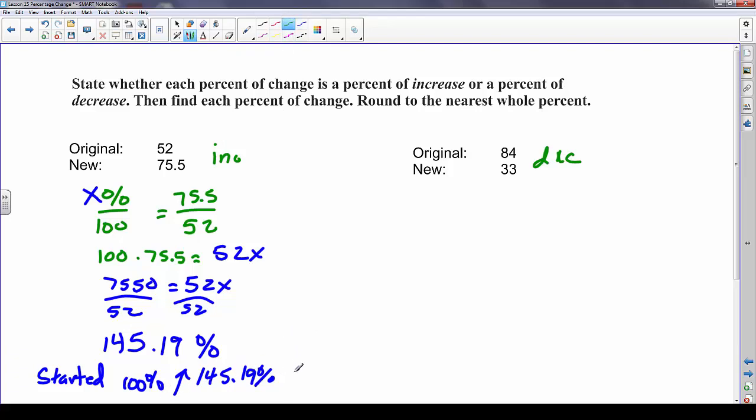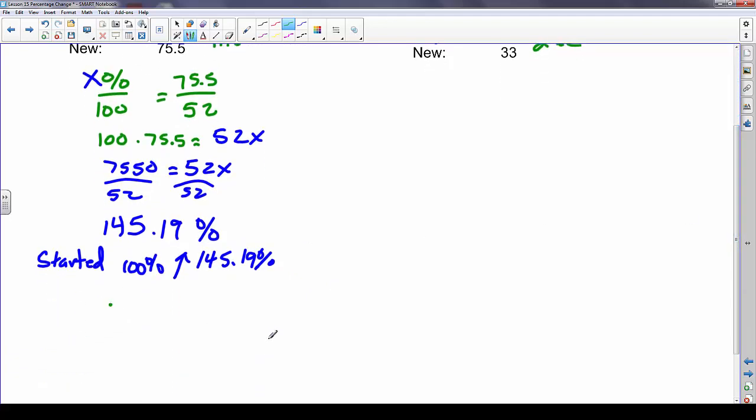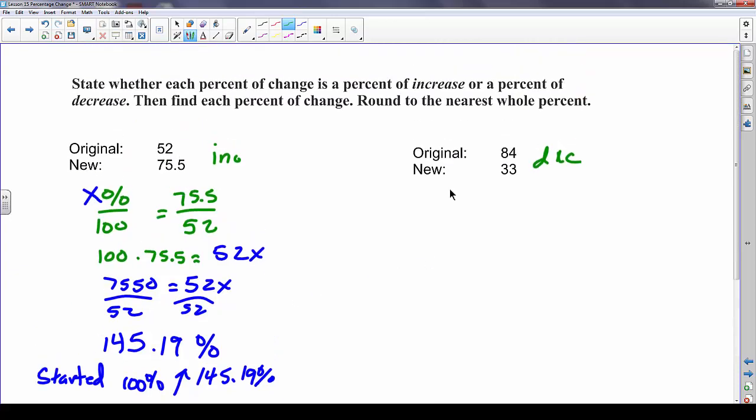So that's a total of 144 minus 100. You know, 144 minus 100 is going to be a 44.23% increase in percentage.